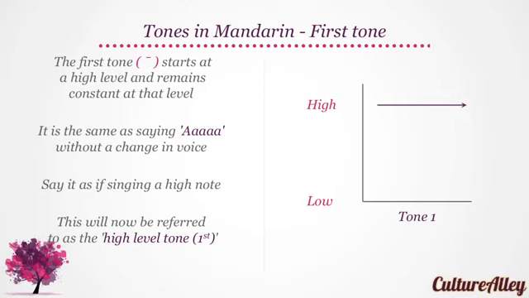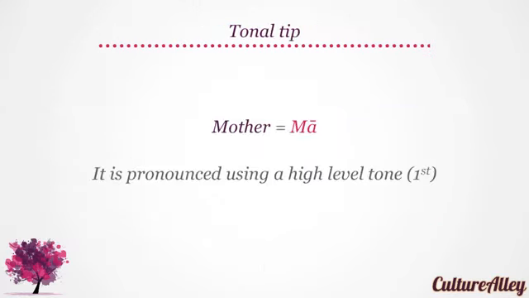The first tone, denoted by a high bar, starts at a high level and remains constant at that level. It is the same as saying ah without a change in voice. Say it as if singing a high note. Ah. Great! This will now be referred to as the high level tone, or the first tone.